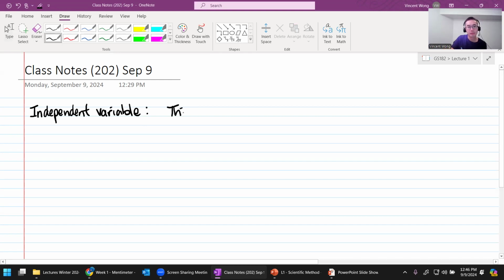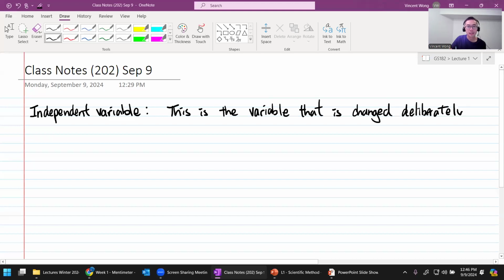This is the variable that is changed deliberately in an experiment. Right? The independent variable is the variable that you change on purpose in an experiment.